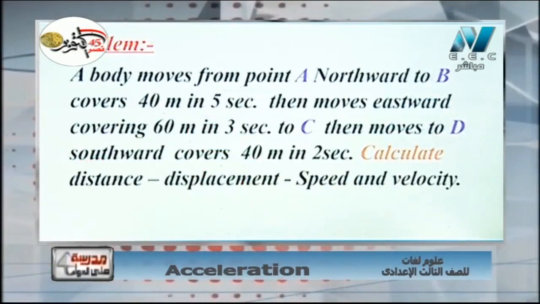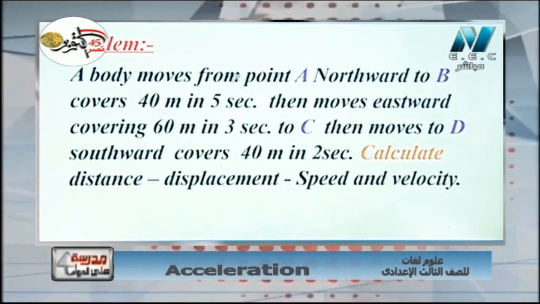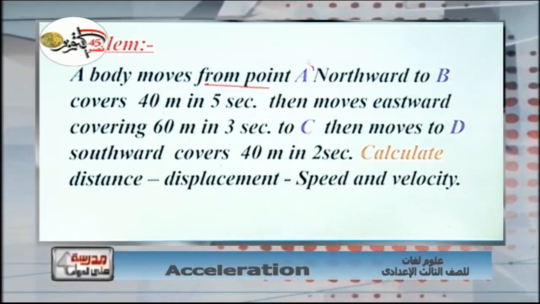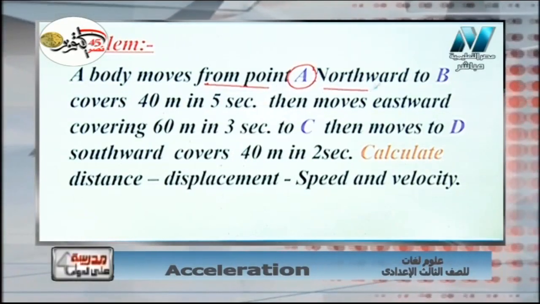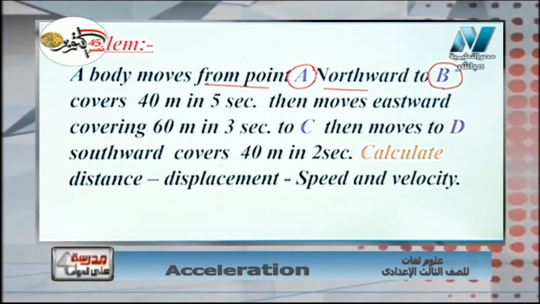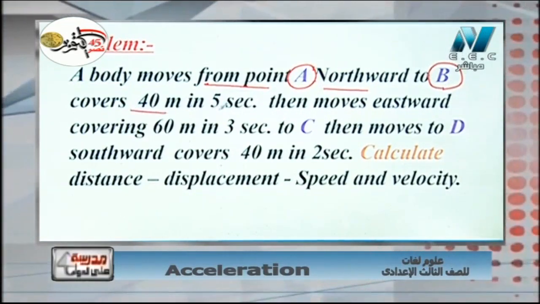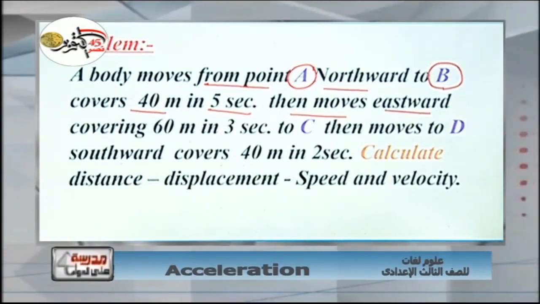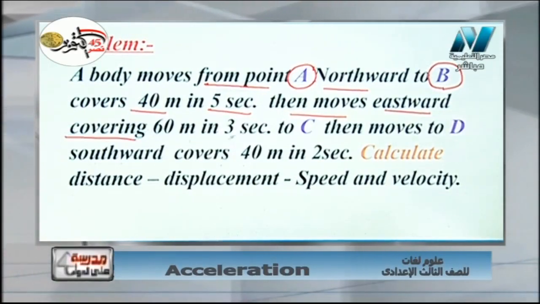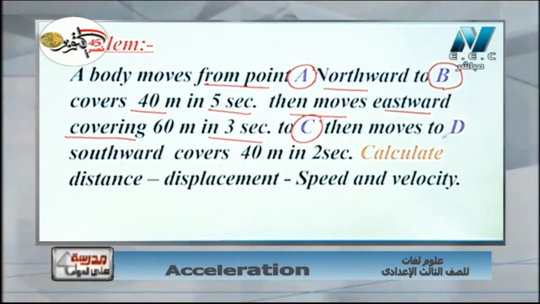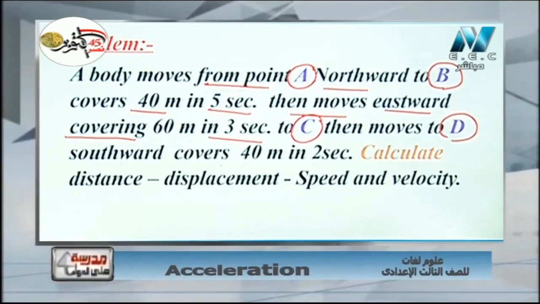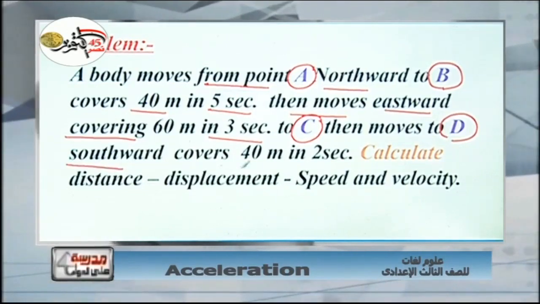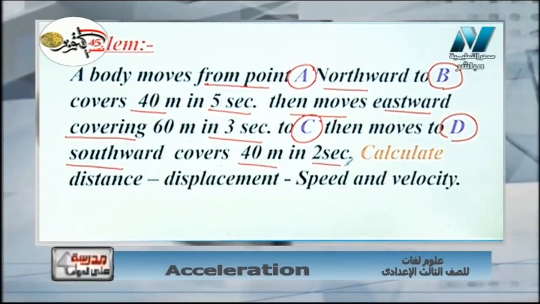Let's solve a problem together. It says: a body moves from point A northwards to B, covers 40 meters in 5 seconds. Then it moves eastward, covering 60 meters in 3 seconds to C. Then it moves to D, southward, covering 40 meters in 2 seconds.